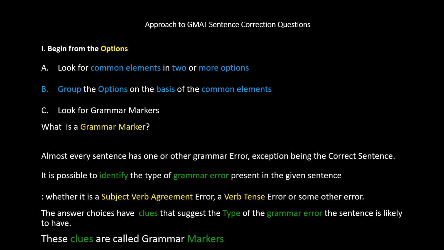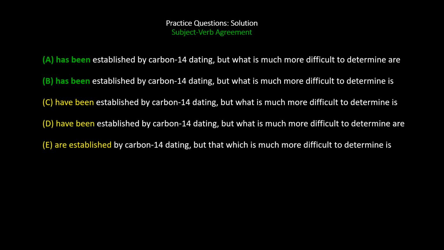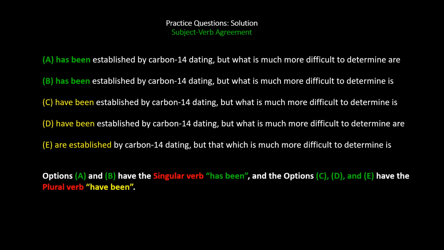I group these options on the basis of some common verbs. Options A and B have singular verbs, hence they become one group. Options C, D, E have plural verbs, hence they become another group. Thus, we group the options on the basis of some common elements. They could be verbs, nouns, or some other elements.